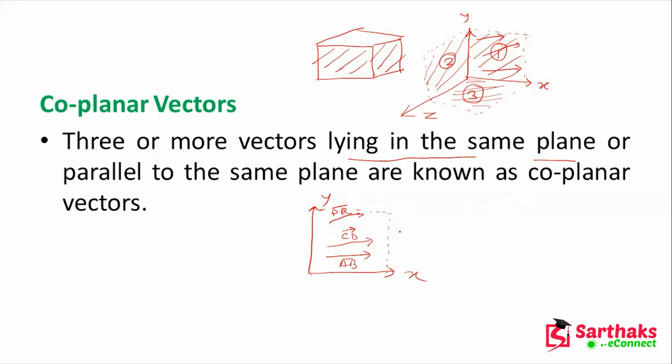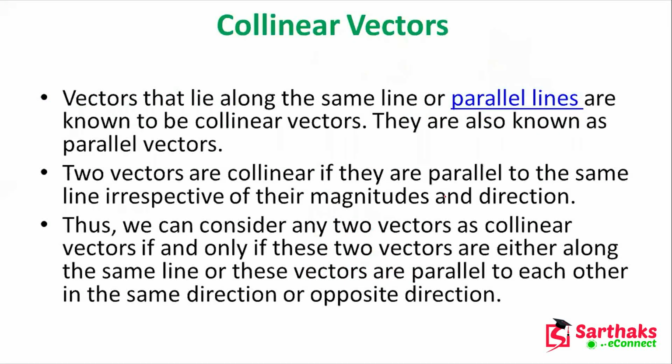That means they are coplanar vectors. So three or more vectors lying in the same plane or parallel to the same plane are known as coplanar. Now one very important thing: if all these vectors are lying in the same plane, they are coplanar, or the vectors which are parallel to the XY plane, YZ plane or XZ plane are also called coplanar vectors, right?